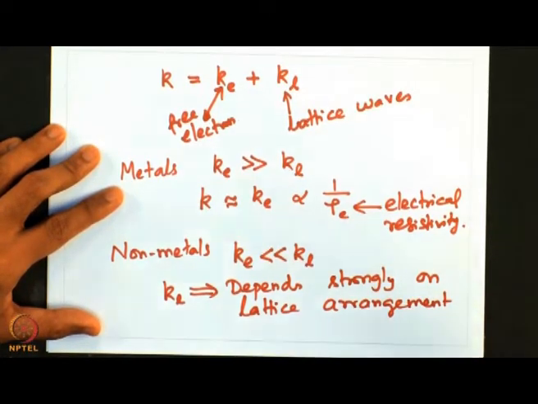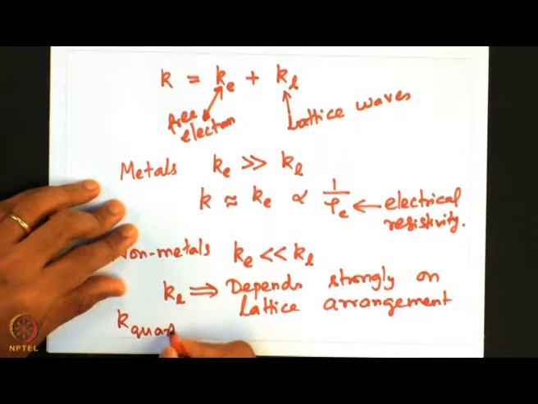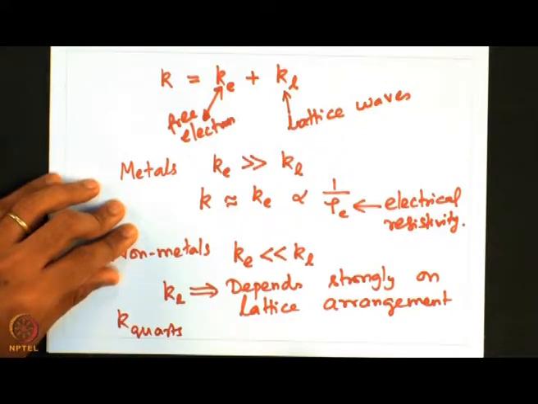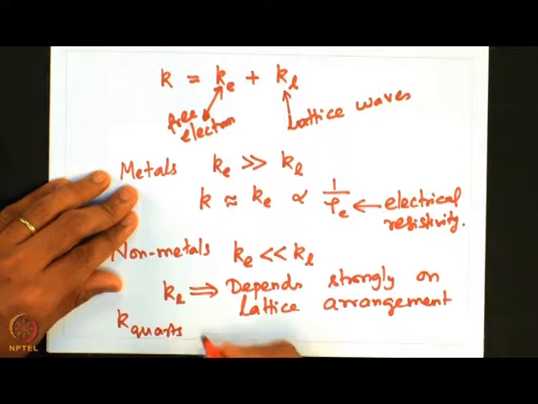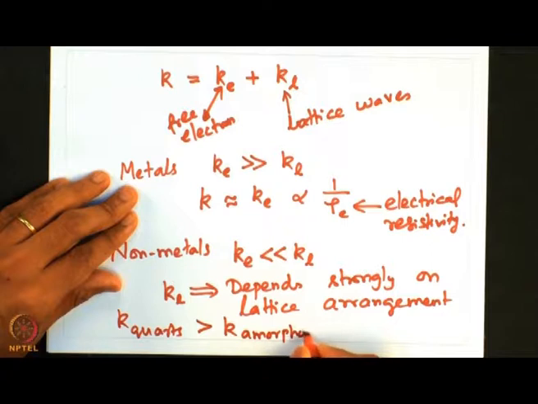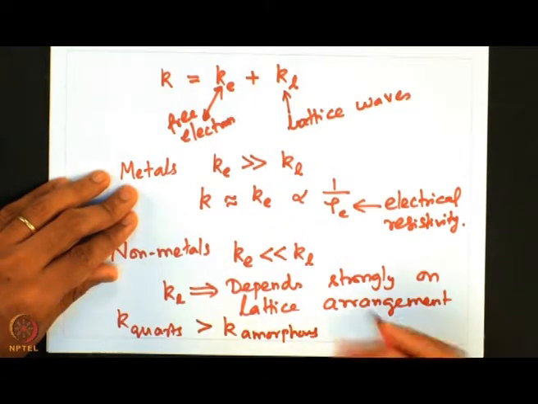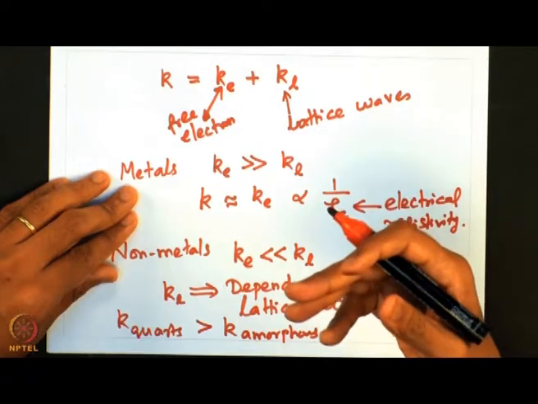So, one can play with the lattice arrangement of the non-conducting material in order to change the conductivity, and thereby consider those materials as insulating materials. For example, the conductivity of quartz, which has a more regular lattice arrangement, is much higher than the conductivity of, let us say, amorphous graphite. That is because if there is a regular arrangement, there is a strong potential for conducting heat better than if the lattice arrangement is irregular.